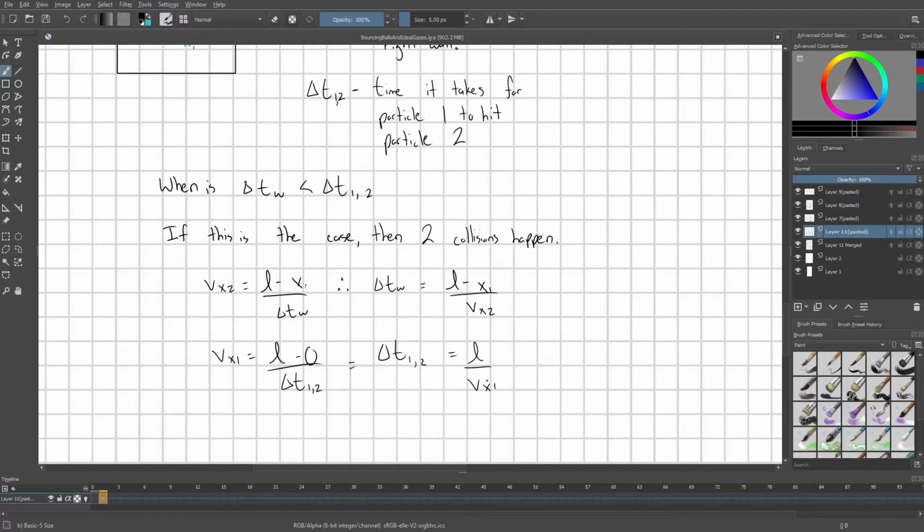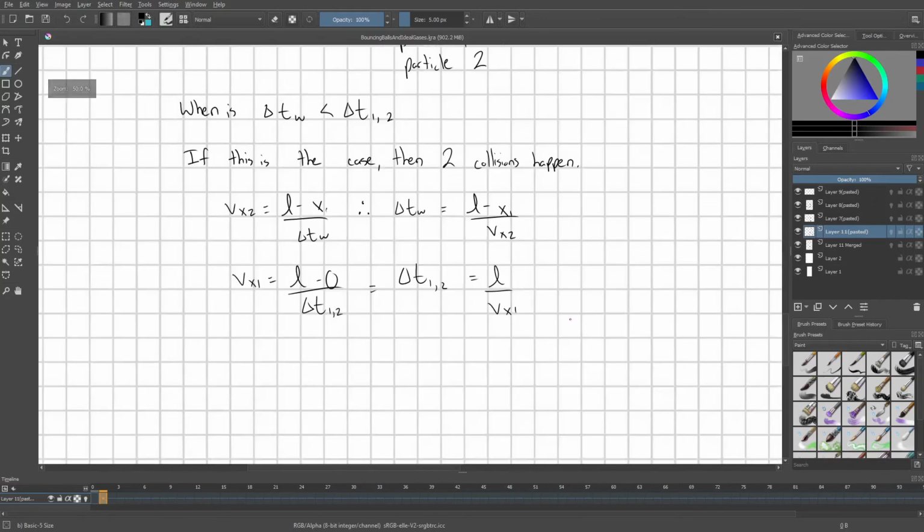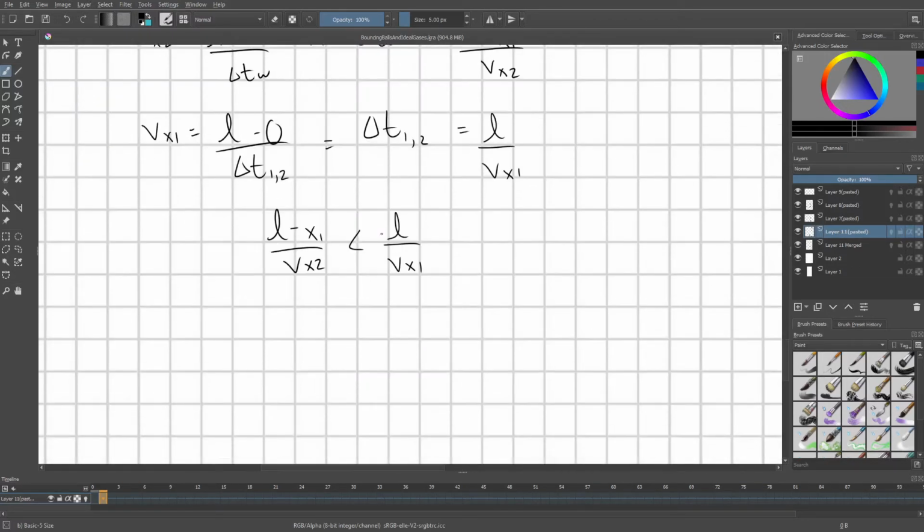So if delta T2 is less than this, we're going to get 2 collisions that happen. Let's plug these in. We get L minus x1 over Vx2 is less than L over Vx1. And now we just need to solve for x1.